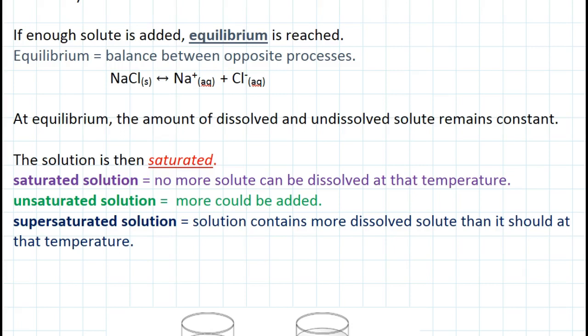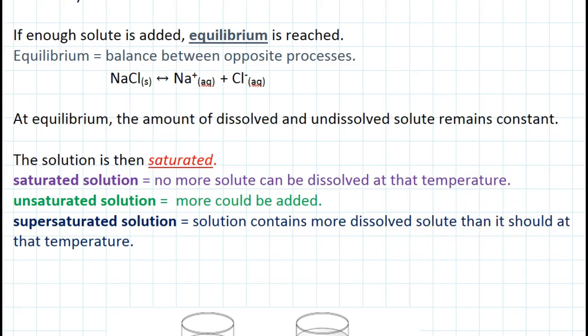So therefore, the total amount of dissolved solid remains constant. You could also say that the concentration of the solution remains constant. No matter how much salt I continue to add, the solution stays the same molarity because we're not increasing the amount that's dissolved. An unsaturated solution just simply means the opposite.